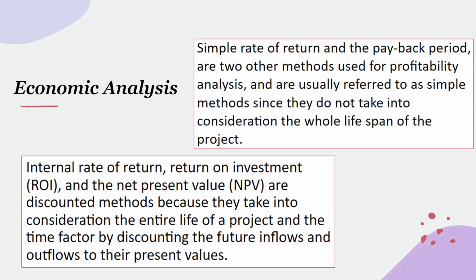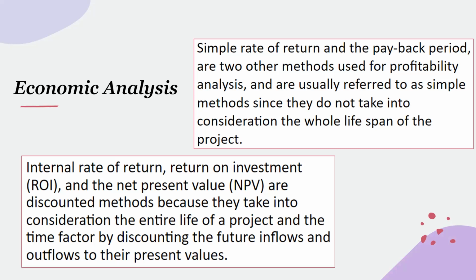So this IRR and ROI as well as the NPV are discounted methods because they take into consideration the entire life of a project and the time factor by discounting the future inflows and outflows to their present values.